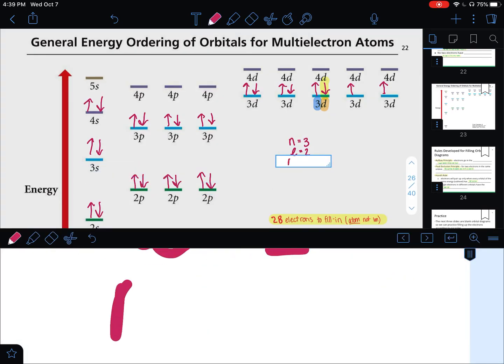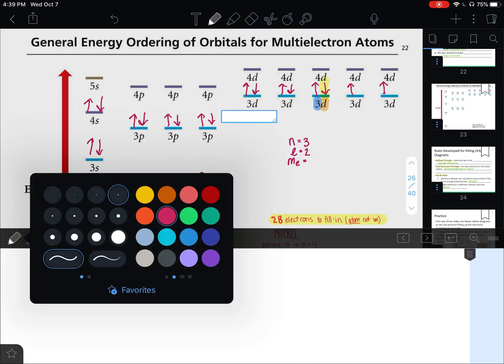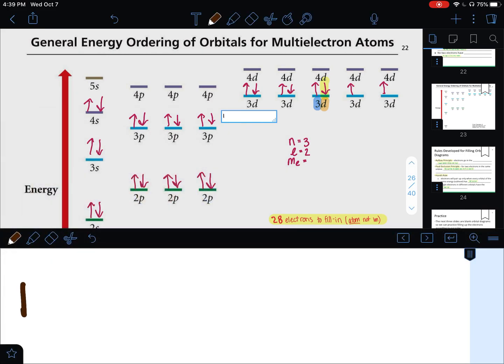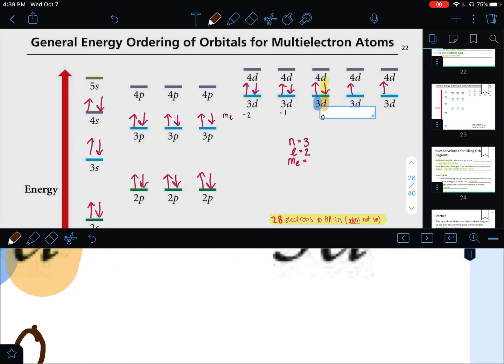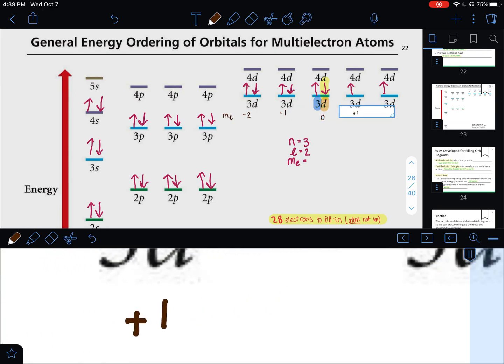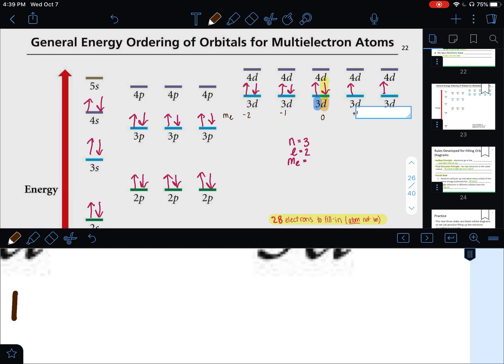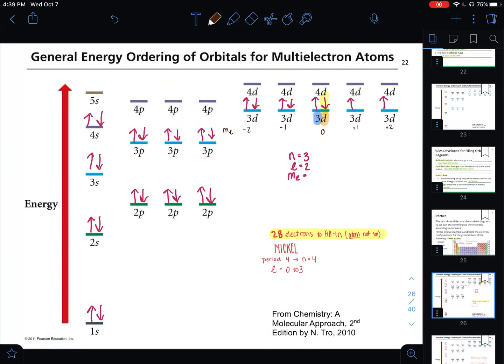Now our m sub l value, we find this by taking negative l to positive l. And how that will look on your chart is like this: m sub l, anywhere from negative l to positive l. And how I know where to plug these in, right underneath the different letters and numbers, is just by filling it in sequentially.